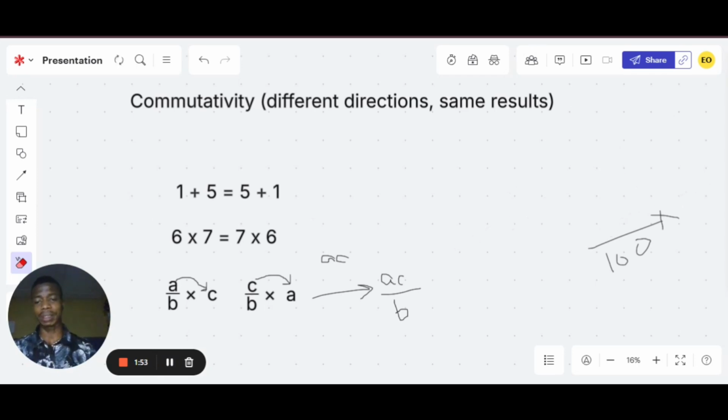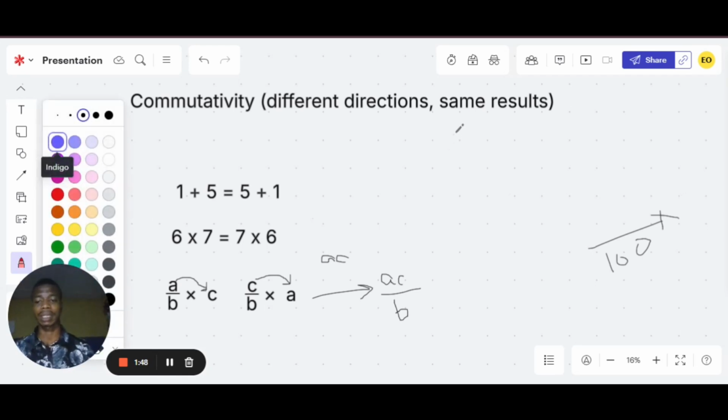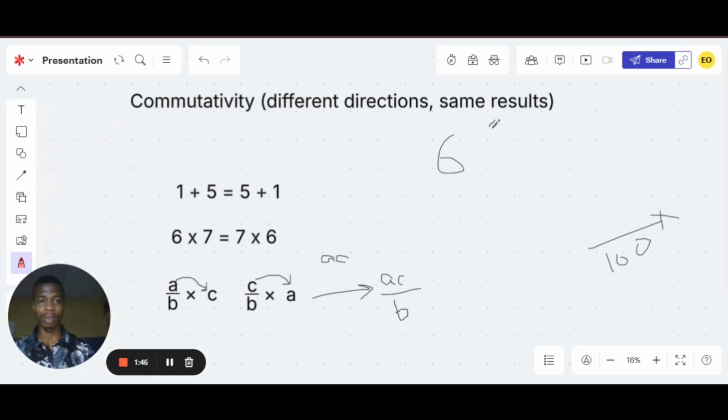It basically means that if you want to find a percentage, all you have to do is to find the easiest number. For example, if you chose to find 6% of 10 and you find it difficult, you can as well turn it around and find 10% of 6 instead, because 6% of 10 is going to be 6 over 100 times 10, right?